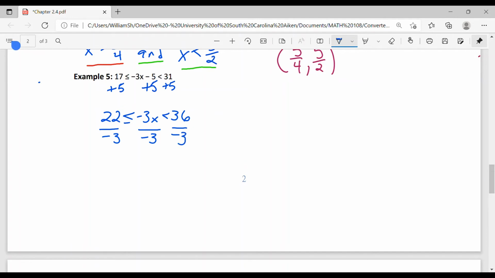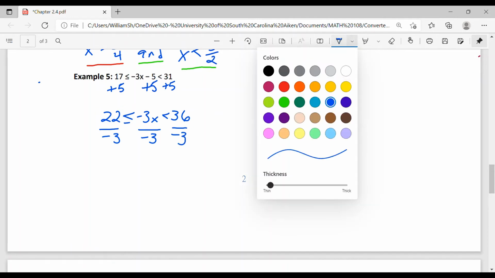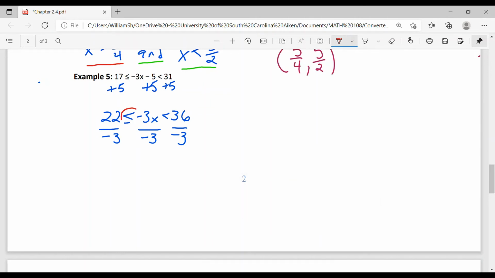And this division by -3 should trigger something in your mind and say, oh no, if I divide by a negative, I remember that I'm supposed to flip my signs. Gotta remember, with inequalities, if you divide or multiply by a negative, you flip your signs. Addition and subtraction don't matter, but if you divide or multiply by a negative, you have to flip your signs.